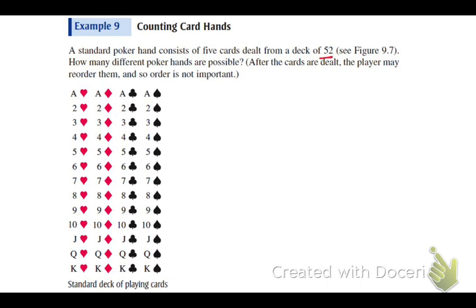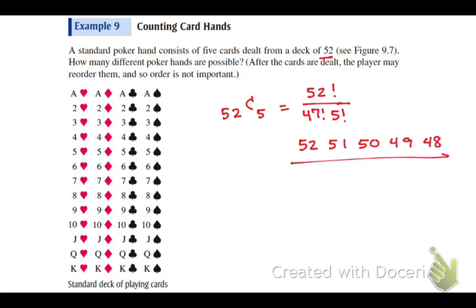So how many choose what? 52 choose 5. So 52 factorial over 47 factorial, over 5 factorial. Now you think, oh my gosh, there are so many numbers. But I really only need to write 52, 51, 50, 49, and 48, over 5, 4, 3, 2.